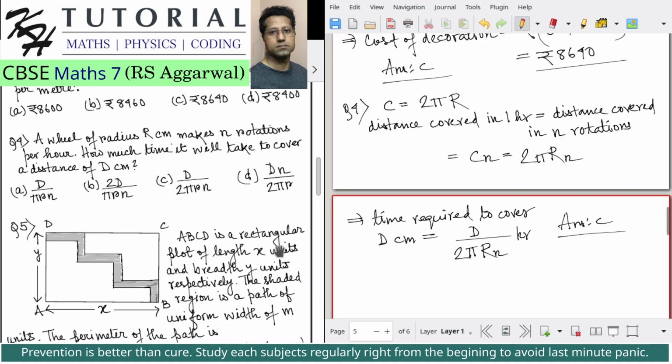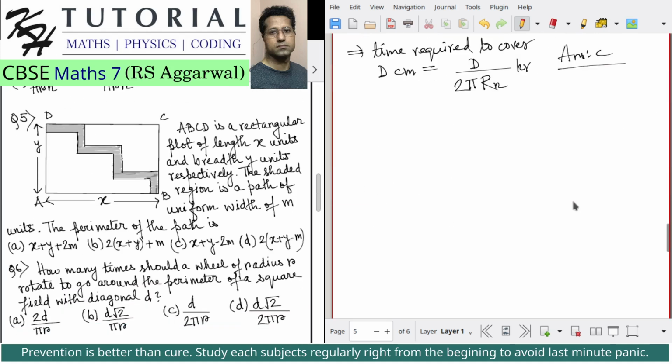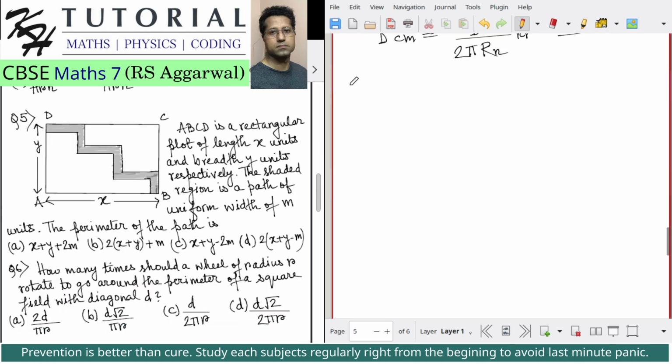Okay, let's see question number 5. So we have a figure. ABCD is a rectangular plot of length x units and breadth y units. The shaded region is a path of uniform width of m units.